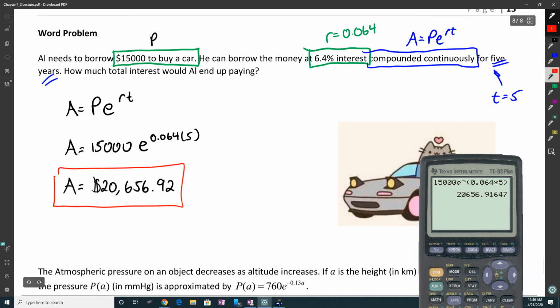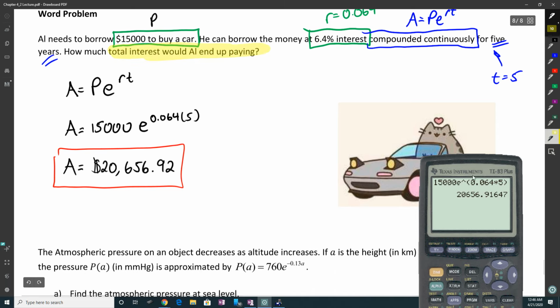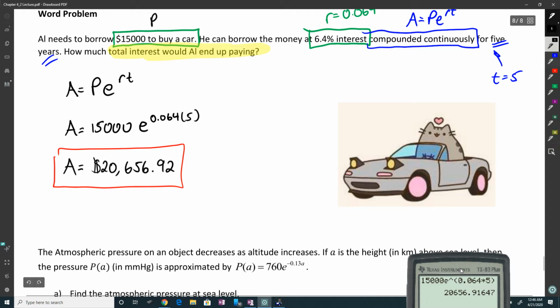Okay, we're not done yet though, because notice the question said, how much interest would Al end up paying? So interest-wise, this is how much he ends up paying. And interest is a basic formula. Interest is just total paid minus total borrowed.